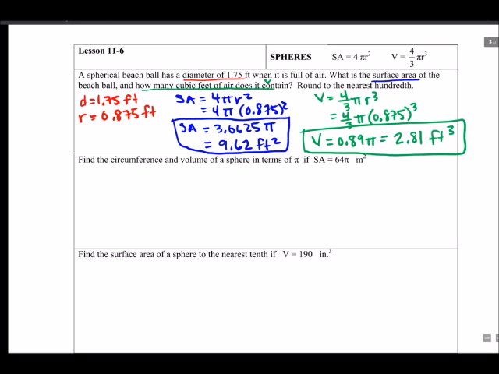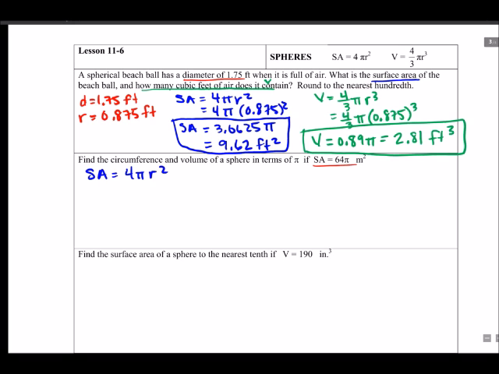The next problem asks us to find the circumference and volume of a sphere in terms of pi if the surface area is 64 pi meters squared. So we need to start out with surface area is 4 pi r squared.